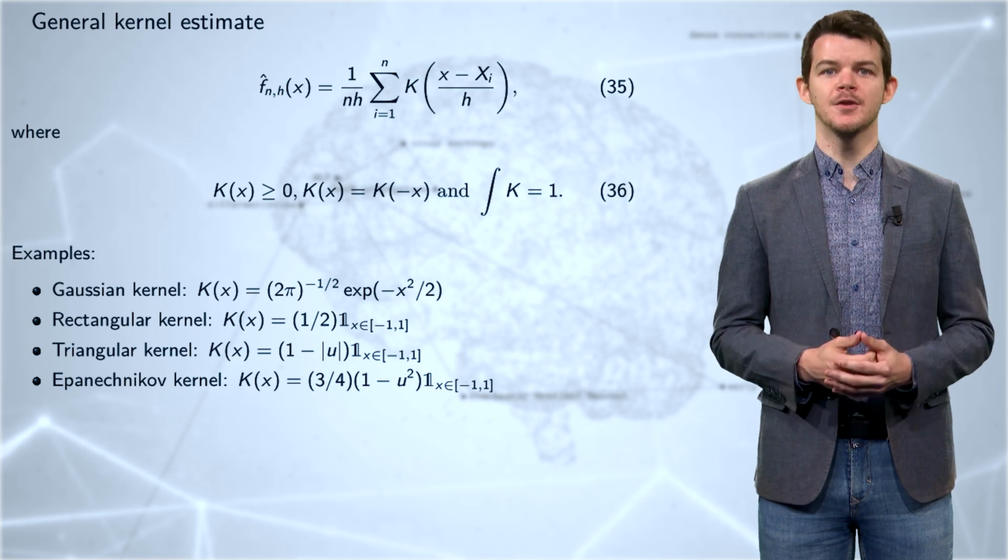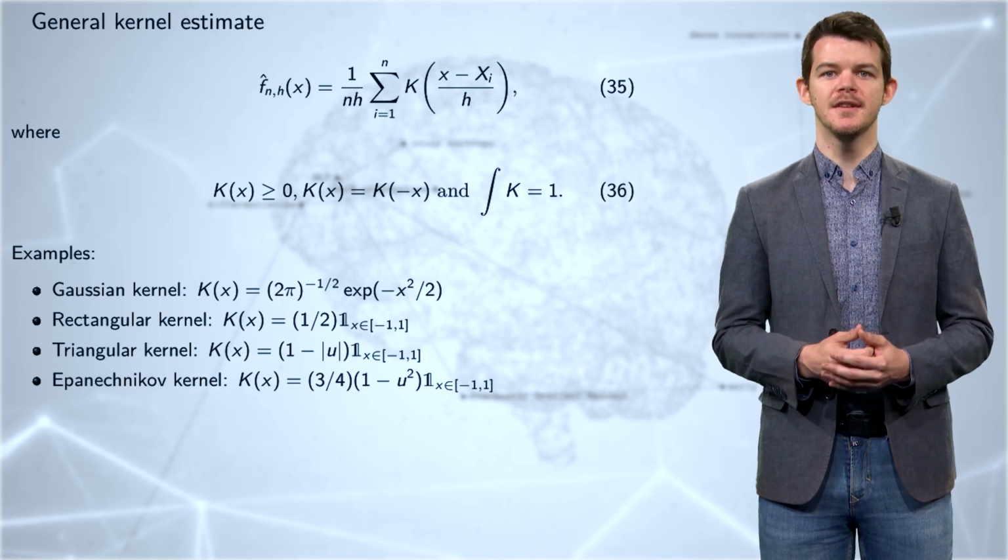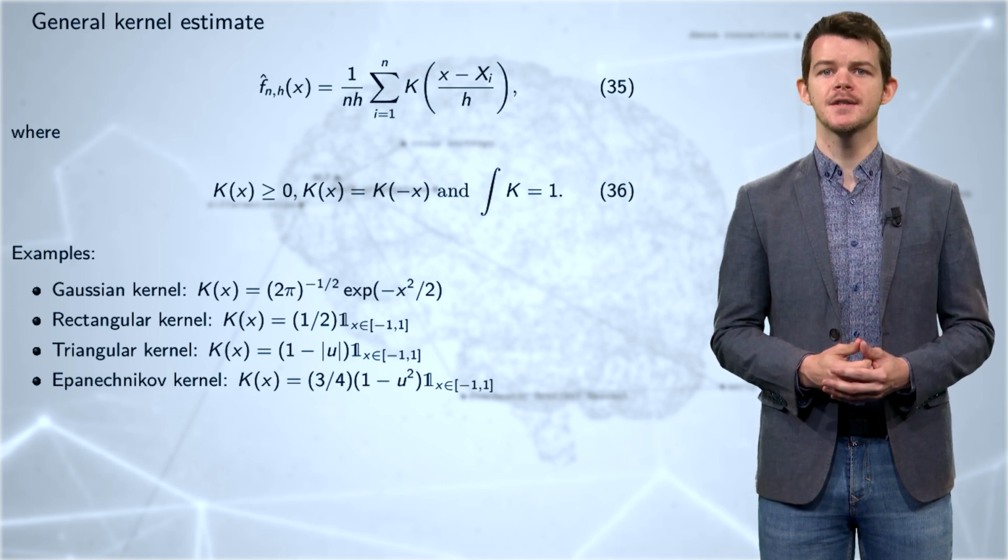Both methods, histograms and kernel estimates, belong to the class of local averaging estimates, because the estimation of the density is nothing but a weighted sum of the contribution of each point in the overall density. The only thing that differs between histograms and kernels is the way to weight the points of the dataset.